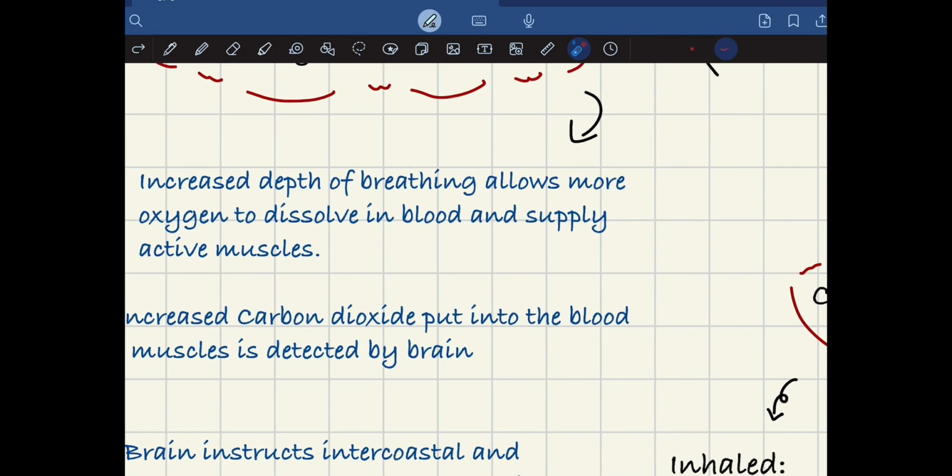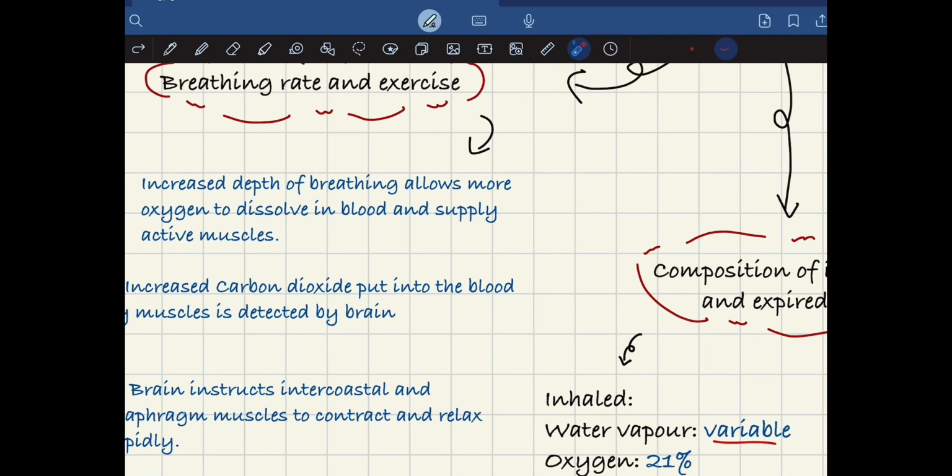We need more oxygen so that we can respire more. So our breathing depth will increase, which will allow more oxygen to dissolve in blood so that we can supply it to our muscles, so our muscles can continue to work, because in aerobic respiration you need oxygen.